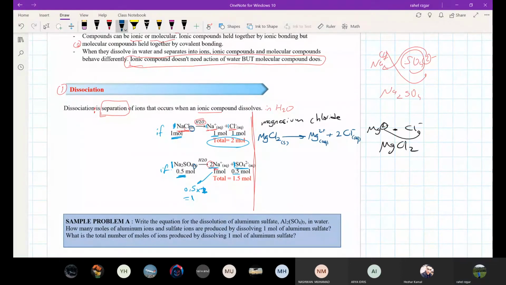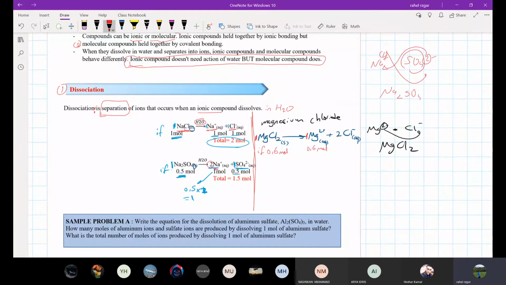Now, let's say we have 0.6 moles of MgCl2. How many moles of ions will it produce? Here's what you're going to look at. Coefficient here is 1. Coefficient here is also 1. So these two must have the same mole. This is also 0.6.